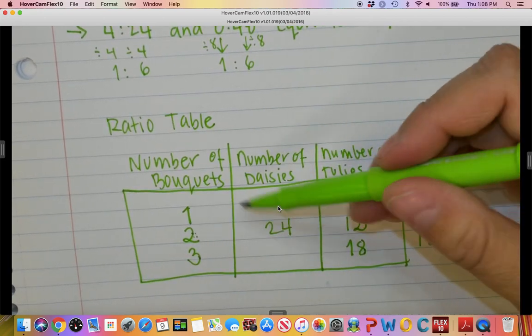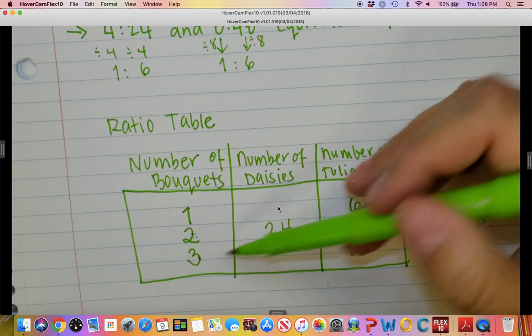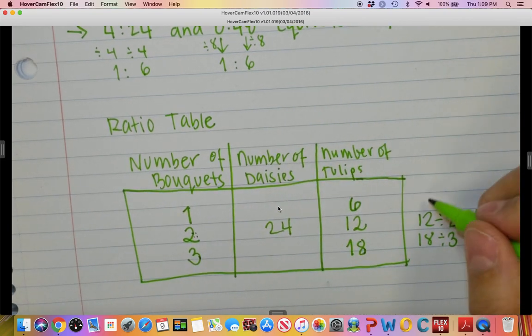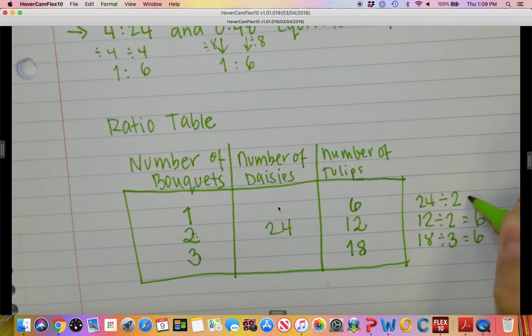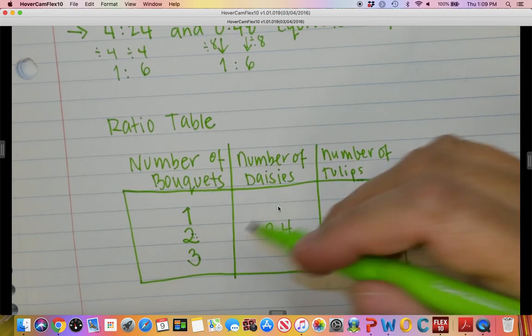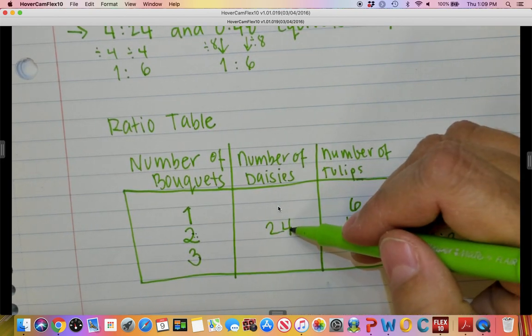Now I'm going to find the answer for daisies in 1 bouquet and daisies for 3 bouquets. So what do I do to 2 to get 24? I multiply by 12. 2 times 12 is 24.